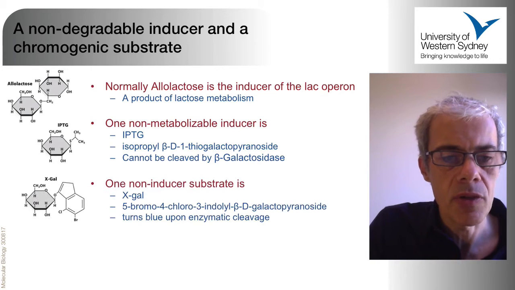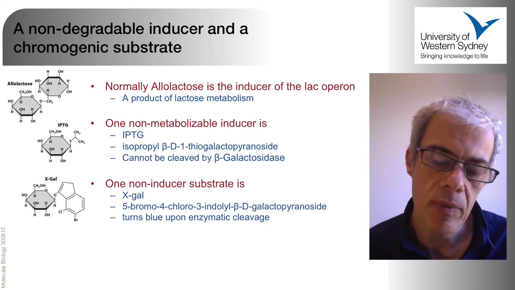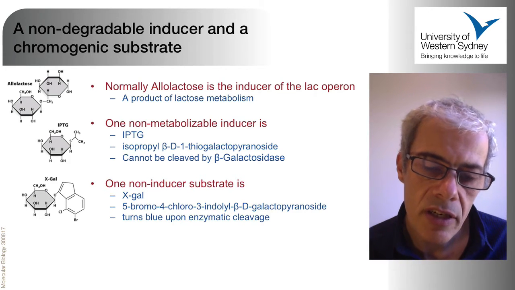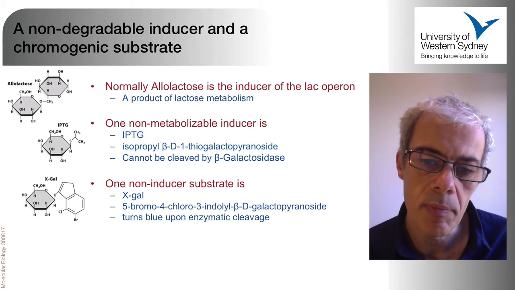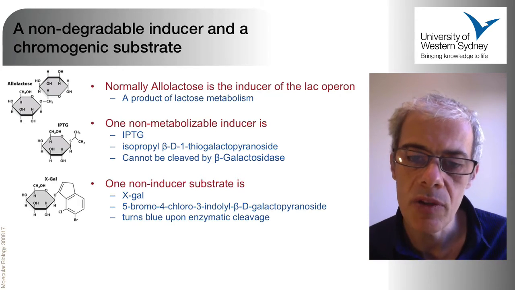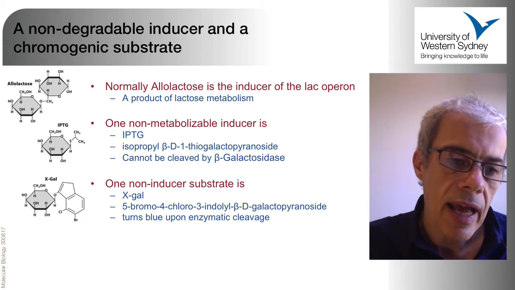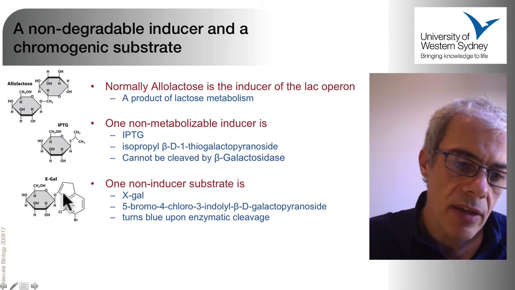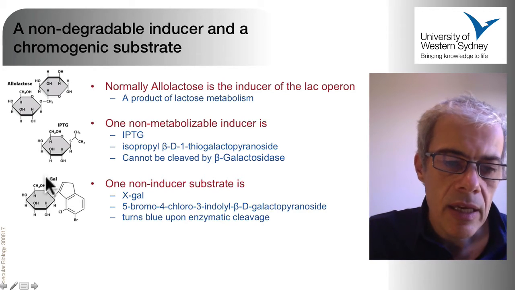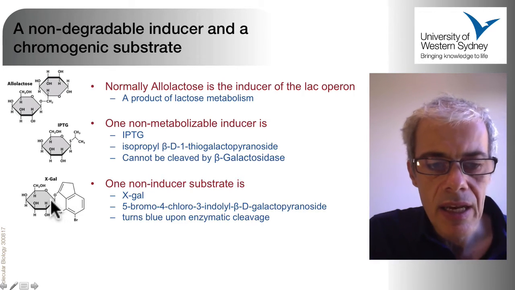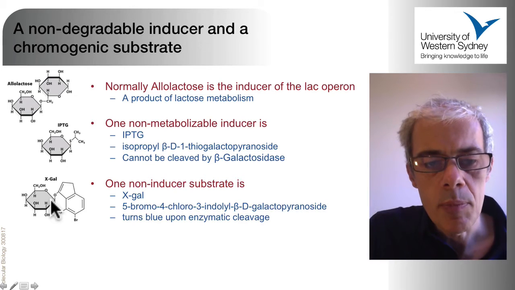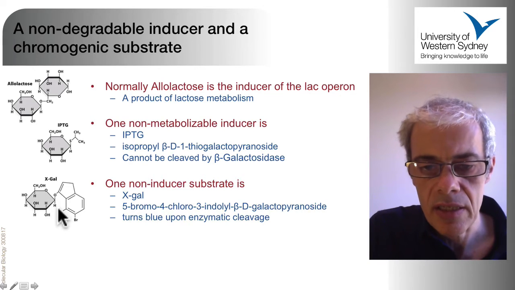Another biochemical tool they needed to study the Lac Operon: when you turn on the genes for lactose degradation, how do you know you've turned them on? So you feed the cells a substrate. X-gal looks enough like lactose to be acted upon by the beta-galactosidase gene.